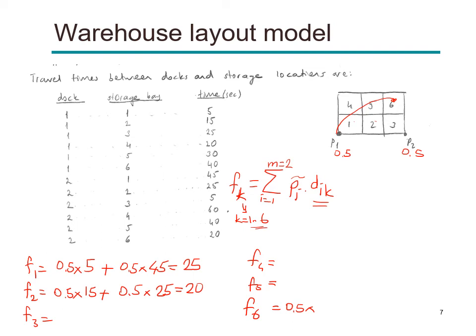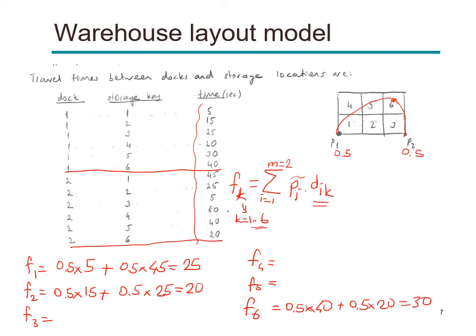If the distance is not given, as in this case, you need to calculate it from these grids. Otherwise, use the given values. So between 1 and 6, the distance is 40. For the second one, the percentage is 0.5 here, and the distance is given as 20. Then the F6 value will be 30.